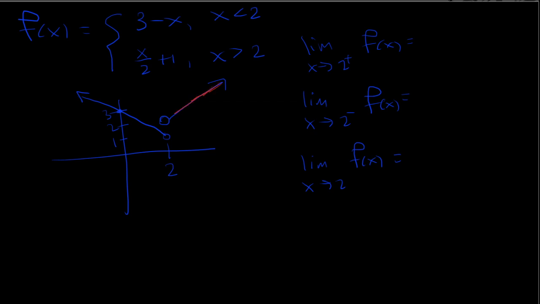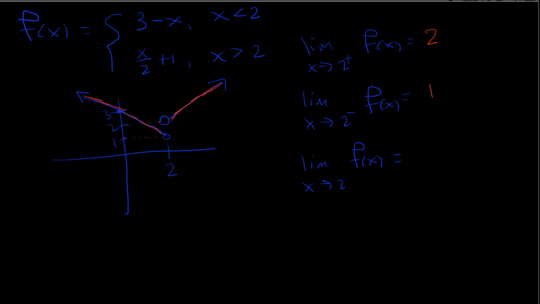So if we approach 2 from the right, we approach this hole here, which is at y equals 2. And then if we look from the left, when we're looking at this graph, we approach 2 from the left, we land on this hole, which is 1.